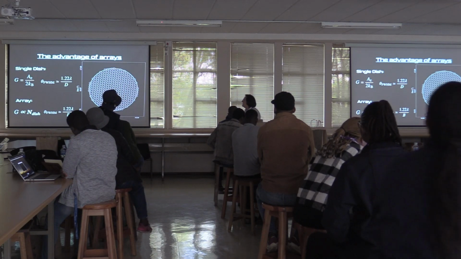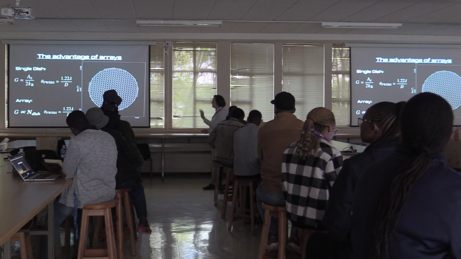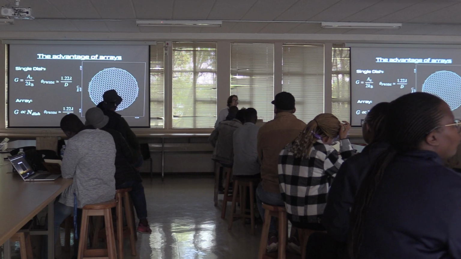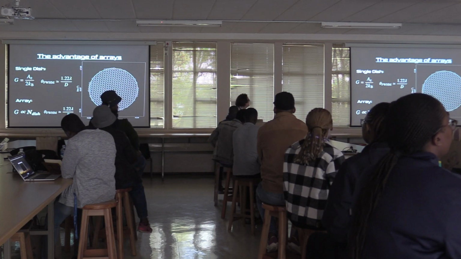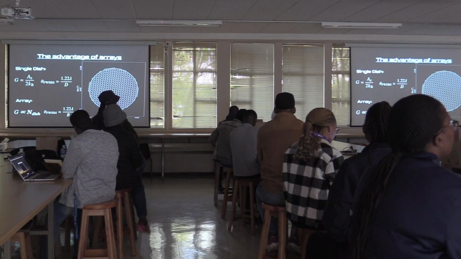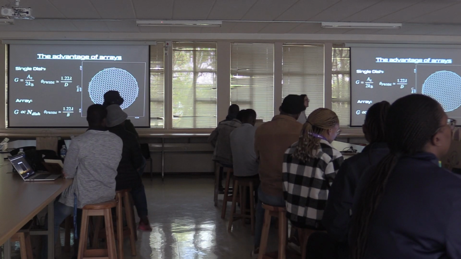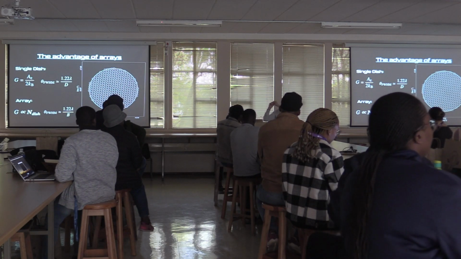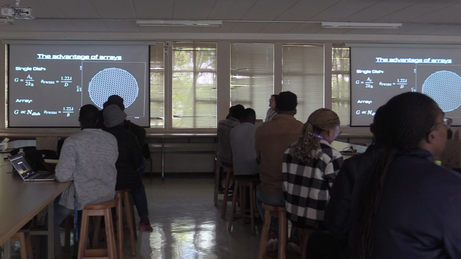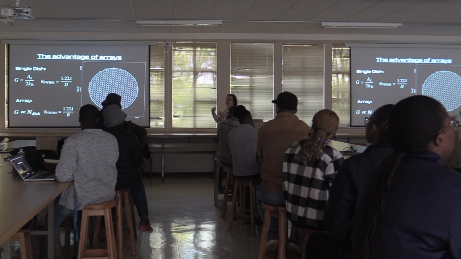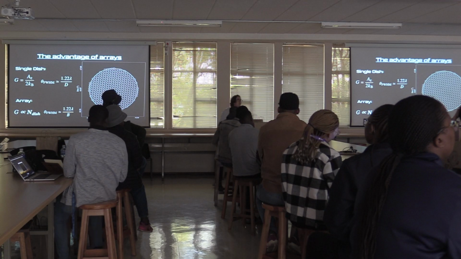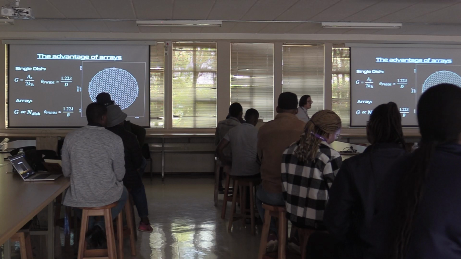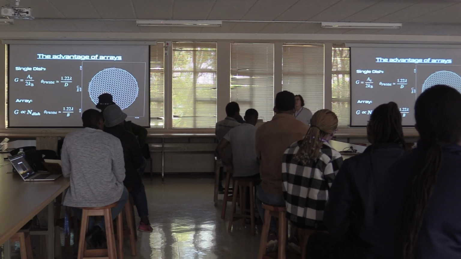But at the same time, the field of view of the telescope, meaning the area of the sky that it is able to observe at any given moment, is inversely proportional to the diameter of the dish. So the bigger you build the dish, the more sensitive it is, but the smaller the part of the sky that you can see at any given moment. So if you're doing an untargeted search for pulsars, if you want to look at the whole sky and find pulsars, it takes much longer to do that with a single dish radio telescope.